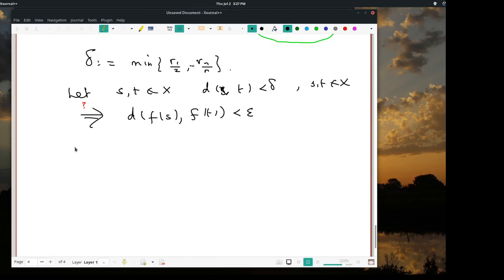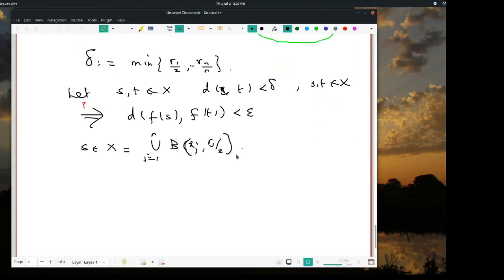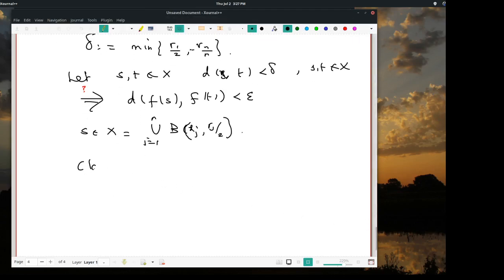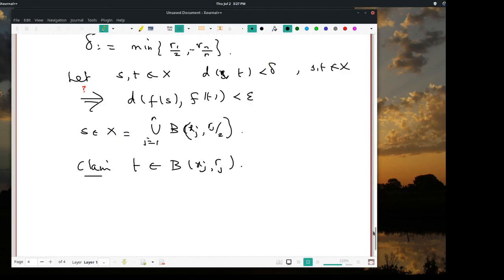Now let us look at s. Now s belongs to X and X is the union of B(xj, rj by 2), j equal to 1 to n. All right. Now I claim, we already proved it above, but let me claim t belongs to B(xj, rj). Why?